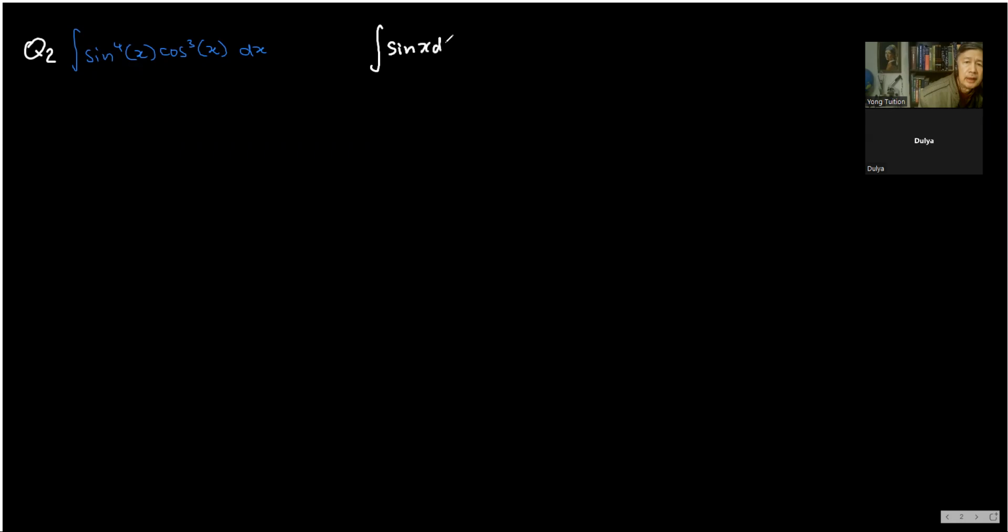The derivative of sine x is cosine x, and the integral of cosine x dx is sine x. That's the basic formula. We can apply this formula at a certain stage, but not at the beginning, because there is a power.